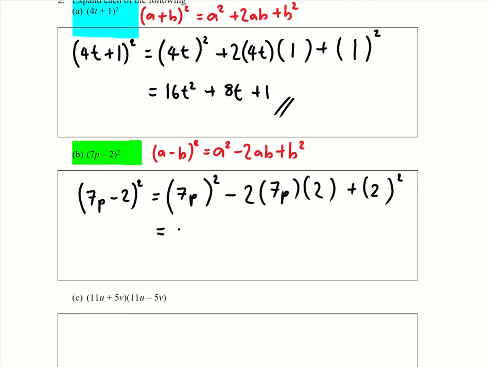So expanding this, I will have 7p square, so 49p square. How do I get 49? 7 square is 49, p square is p square. Minus, so 2 times 7p is 14p. 14p times 2 is 28p. And 2 square is simply 4. So that's how you expand your 7p minus 2 the whole thing square without using a multiplication frame itself.